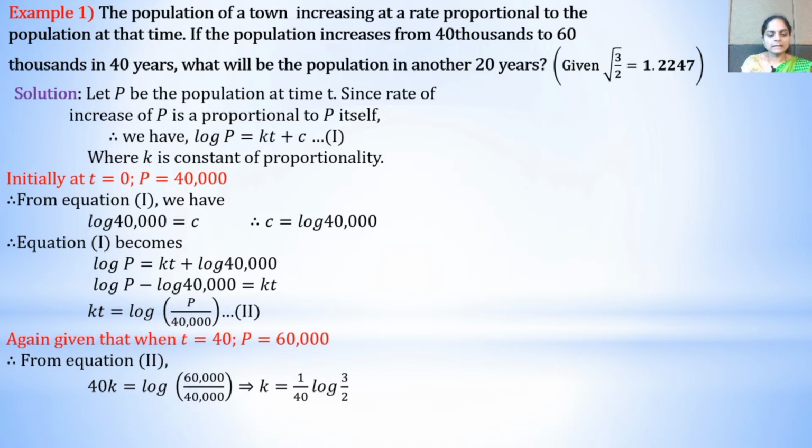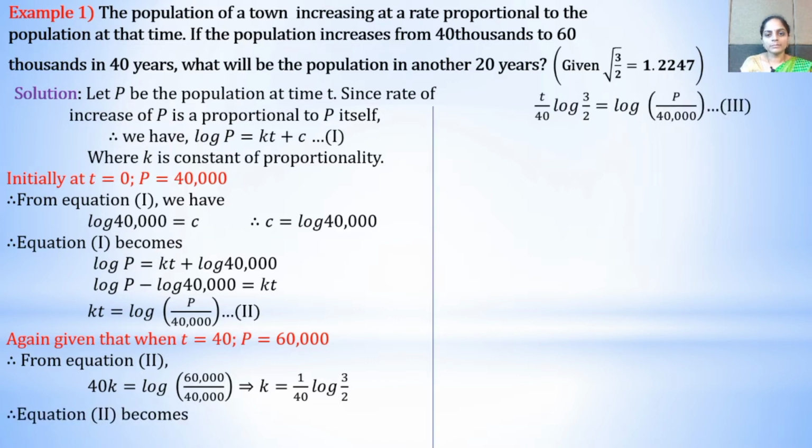So K is equal to 1 upon 40 into log of 3 divided by 2. Now we put the value of K in equation 2. So equation 2 becomes t divided by 40 into log of 3 by 2 is equal to log of P divided by 40,000. This is our equation number 3.